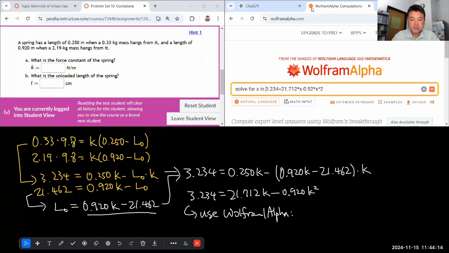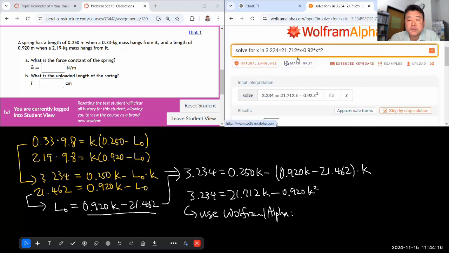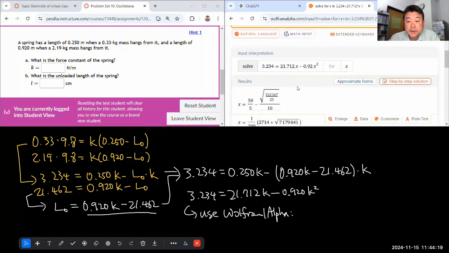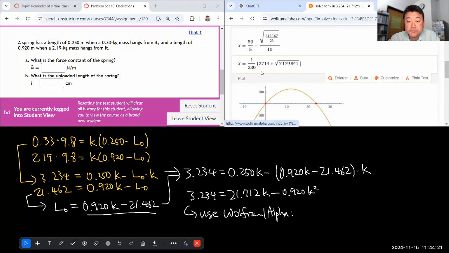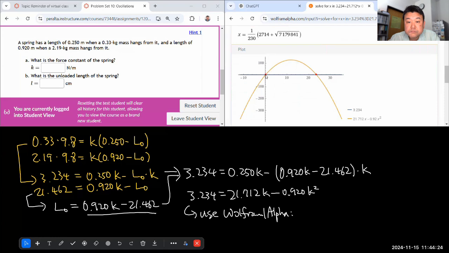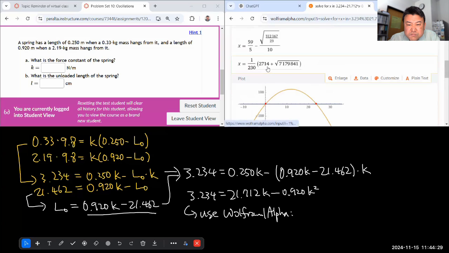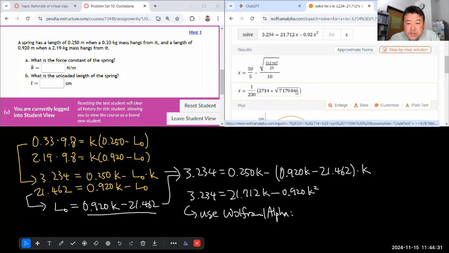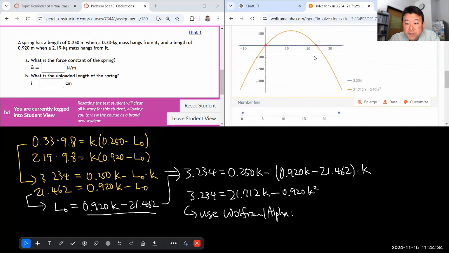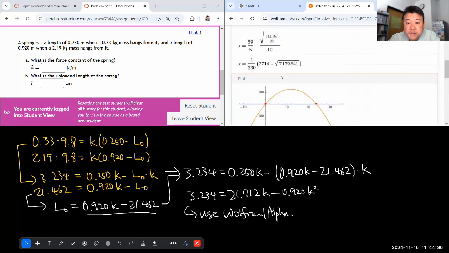Solve for x, and I think Wolfram Alpha will understand. Oh, I see. Two answers. Let's get the one at the high end. Well, I'll just have both values. X is equal to. I think they are both positive.